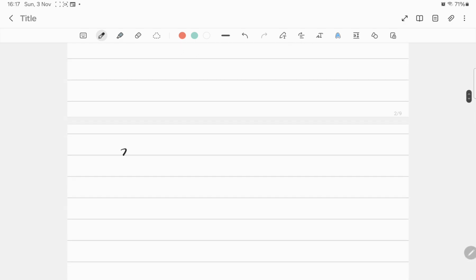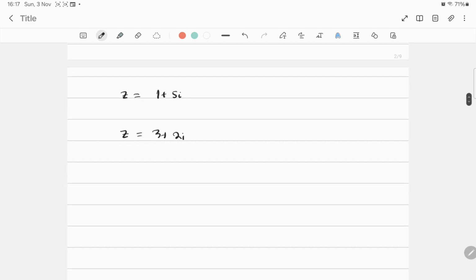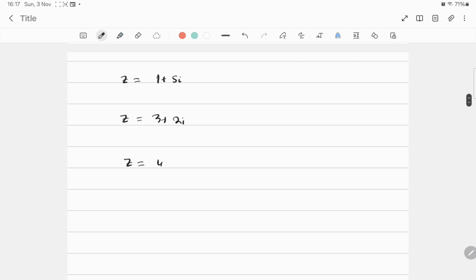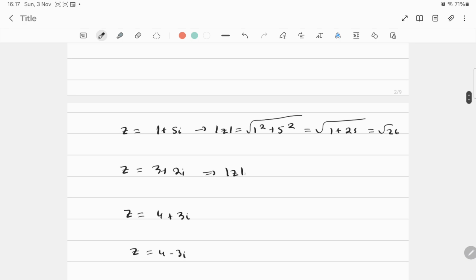Okay, now let's try to find in all these cases the modulus of the complex number. Here the modulus is the square root of 1 squared plus 5 squared, 1 plus 25, the square root of 26. The modulus of this complex number is the square root of 3 squared plus 2 squared, 9 plus 4, the square root of 13.